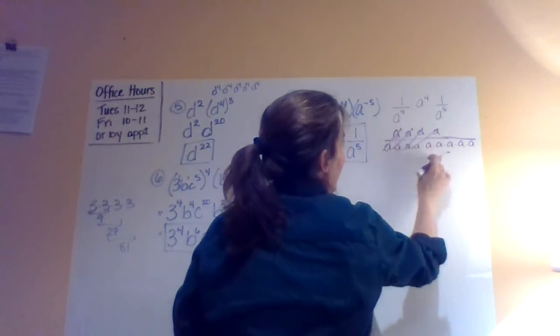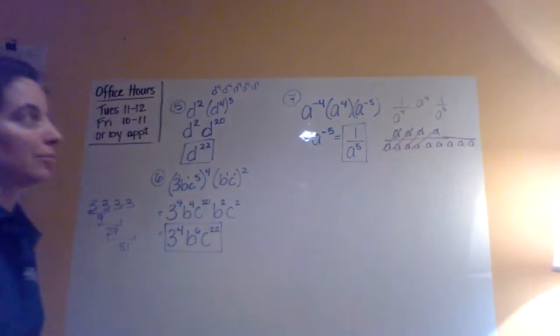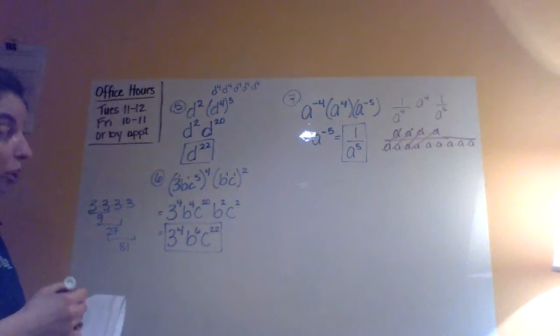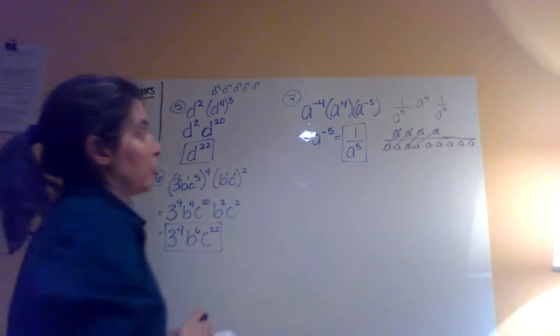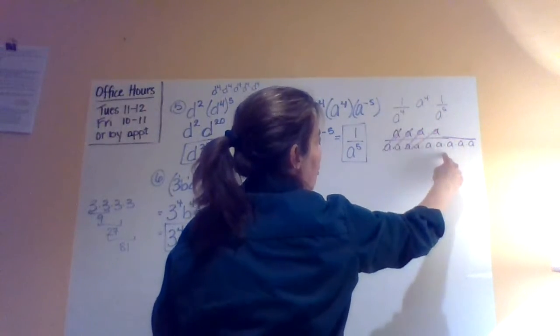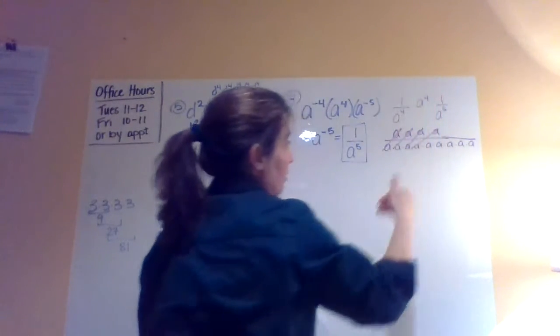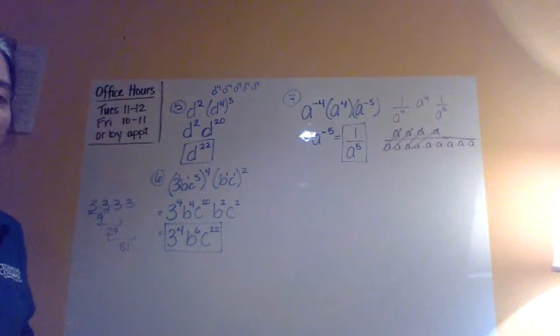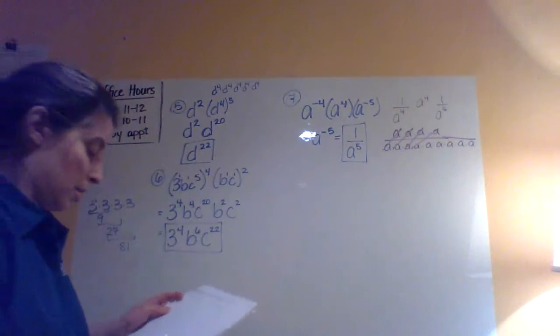These would cancel out, and I have those 5 left. Right? You could have done this too. You could have originally switched all these to be positive, and then had a to the fourth over a to the ninth, and then subtract. There's different ways to do these. We'll see that, especially as we get to the more complicated ones.